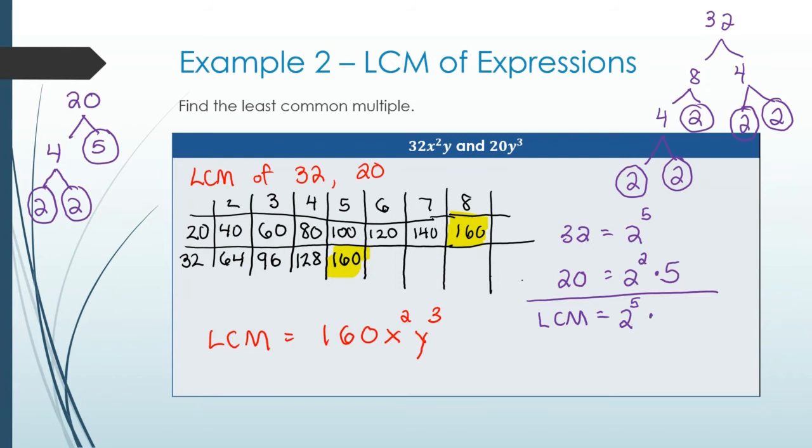I can't take away anything. So since there's a 5 existing, I need to have a 5. And so in this case, the least common multiple is 2 to the 5th times 5. And 2 to the 5th is 32, so that's 32 times 5. And you can see on our multiplication table that comes out to 160.